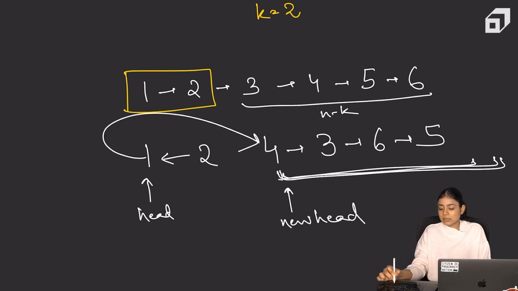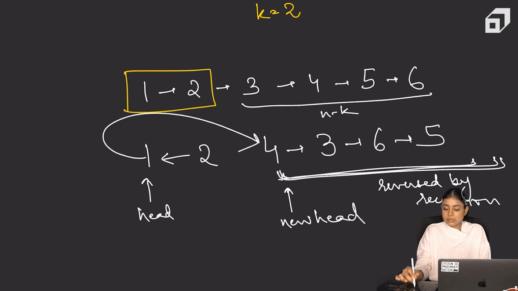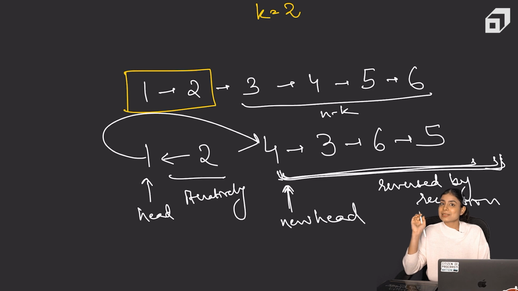This is the part that is reversed by recursion, and this is the part that has been reversed iteratively by us. Through recursion, we will be expecting the new head of the reversed n minus k nodes. And then we'll make the original head point to the new head to connect these two parts. And that's how we can have our output, right?